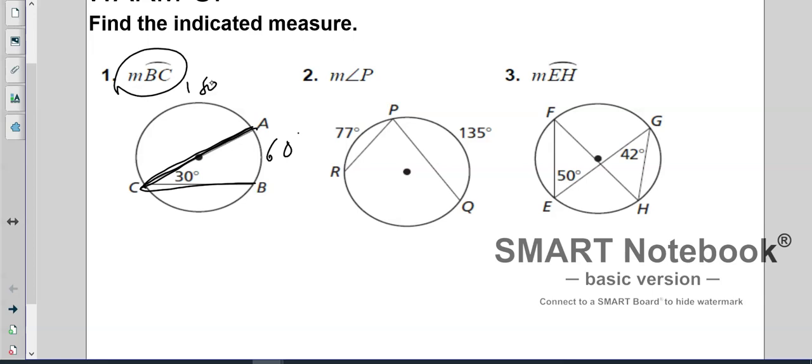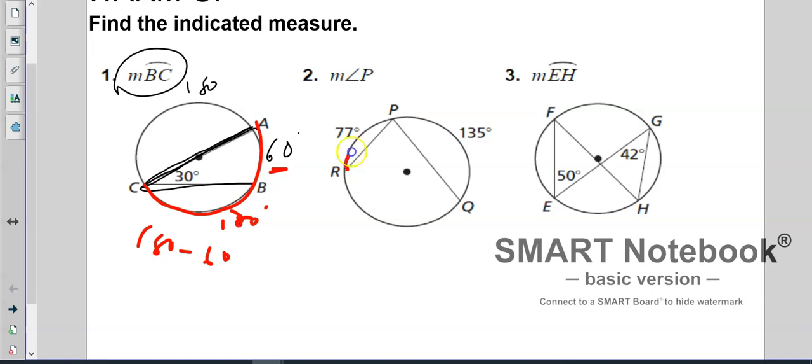Which also makes this 180. So if this is 60, we have two ways to do this. We could add 180 and 60 and subtract from 360, or easier, 180 minus 60, which would give us 120 degrees right there for that arc.